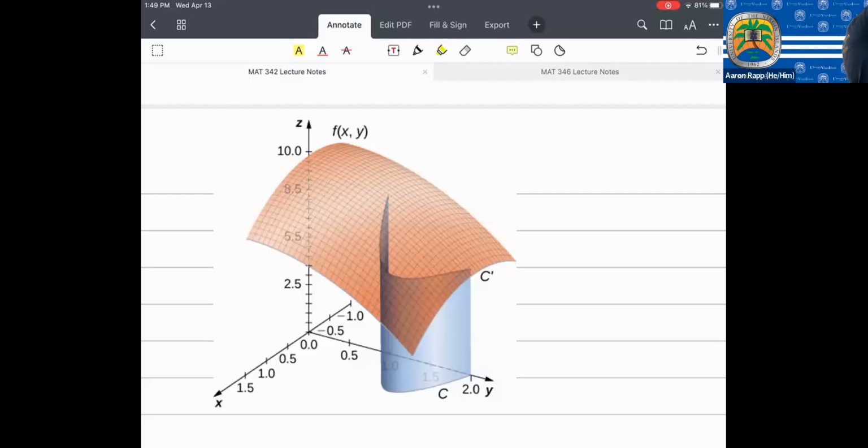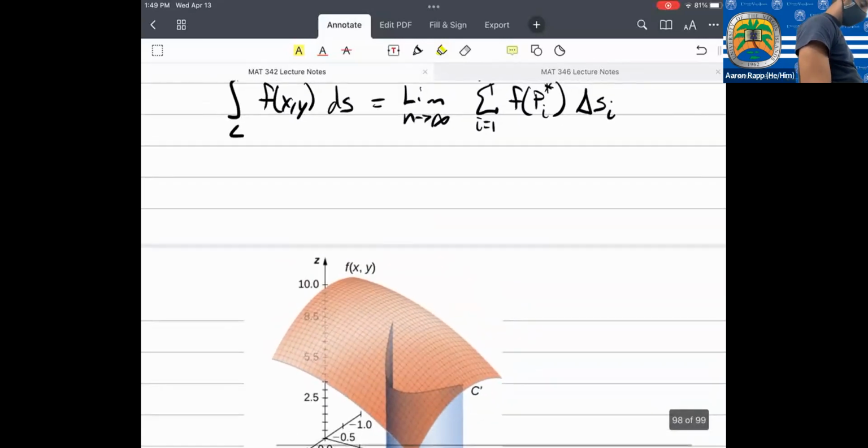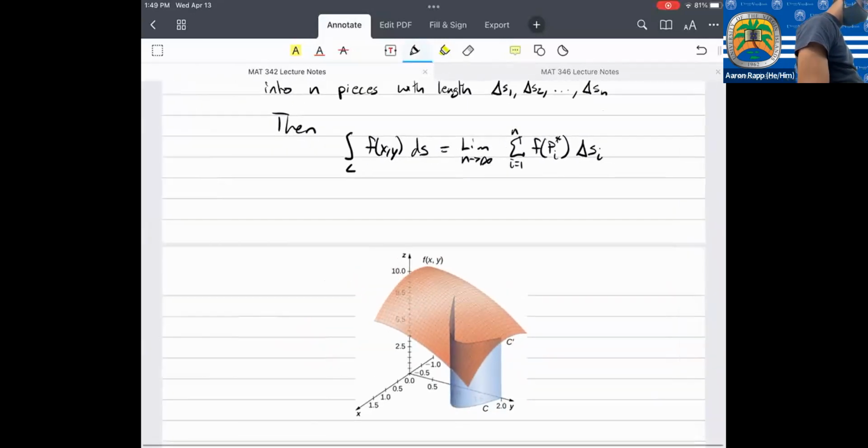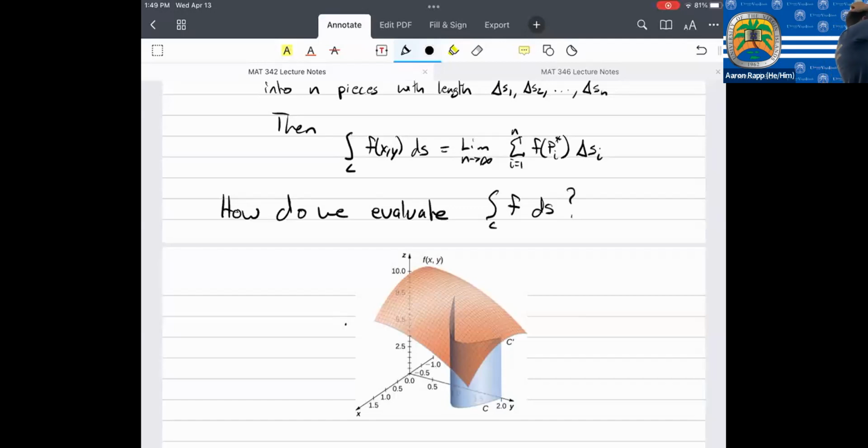So when's the next time we meet for intermediate? Yeah, Monday. So on Monday, we'll start answering that question: how do we actually do this evaluation?